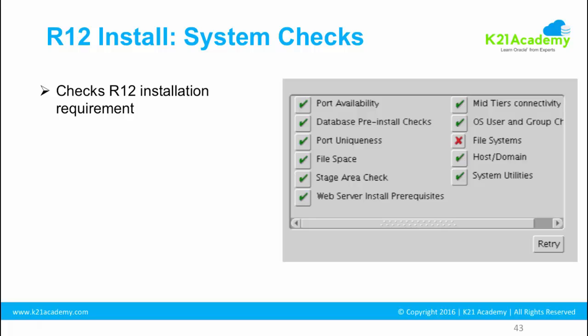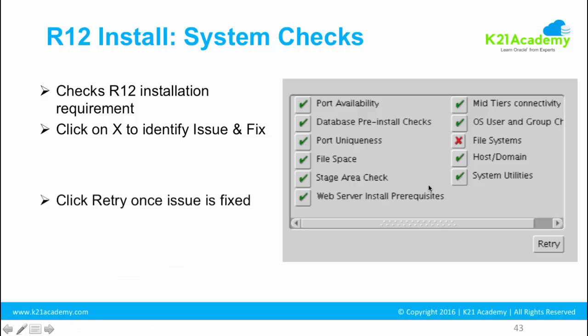In this, I've shown an example. A cross means there is a problem with the file system. So you click on this button here and it will open a pop-up window. It will tell you exactly what the reason behind that failure is. Once you know the reason, you fix that problem, click on retry, and do it until all the buttons you see are green. So you click on the X to identify the issue and fix it.